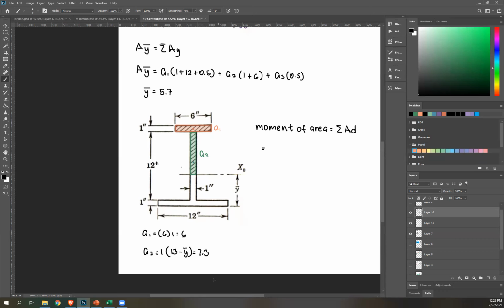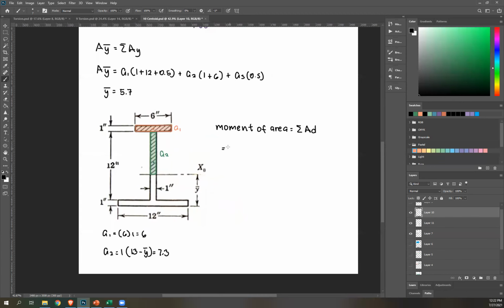Now, summation of AD. So that's A1 times this. Let's call that Y1 or distance 1. To get that, we'll do the same as what we did earlier.